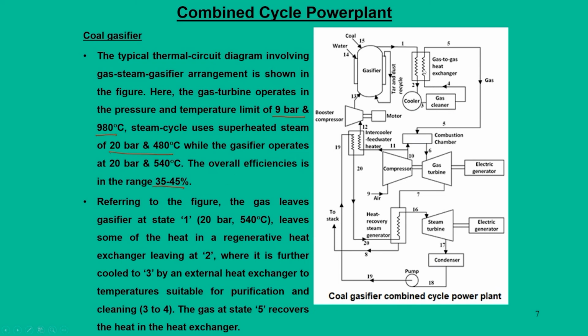The working fluid flow is shown in this thermal circuit diagram. It starts with 1 and ends with 20, and finally we extract the maximum possible energy from the products that go out of the unit, and we can reutilize it at various locations. This is the essential objective of the combined cycle power plant mode, and this is a very good workable model that has already been implemented at various locations.